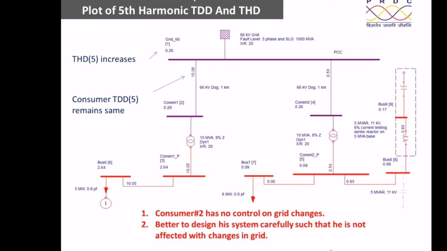Now you can see that when you plot the distortion, the voltage distortion has increased here. The current consumer distortion remains the same, but here the distortion has come down now.